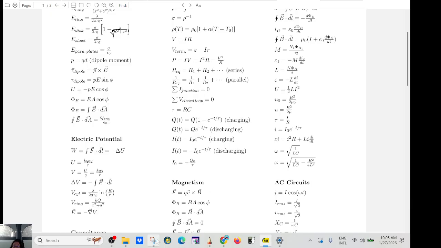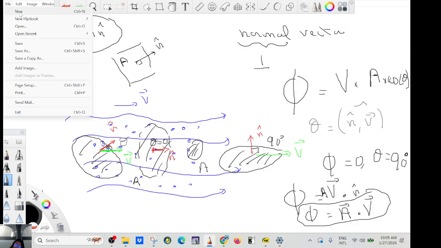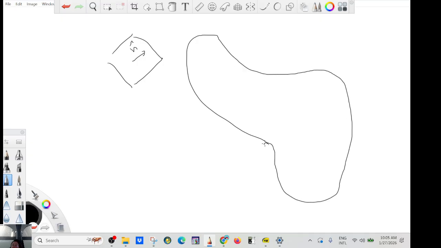Okay, so another thing I forgot to tell you is that, so this is an open area. So when you have an open area n hat, you can take it this way or the other way. But if you have a closed area, so this is a bag, it's 2D.